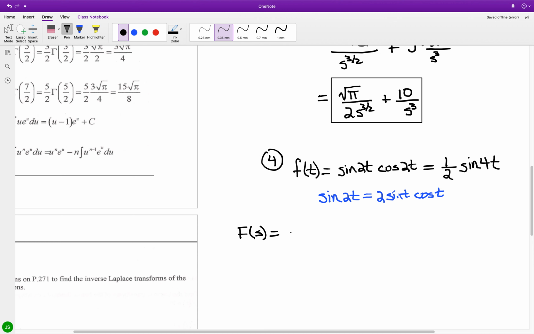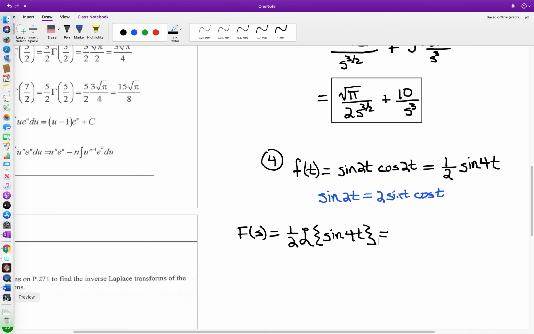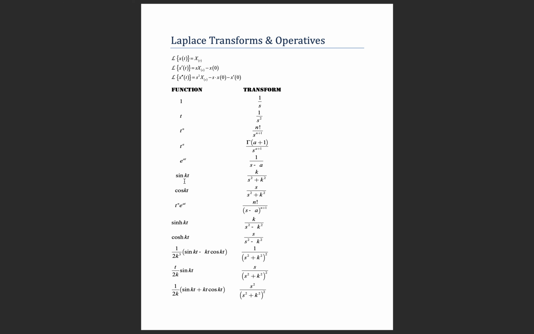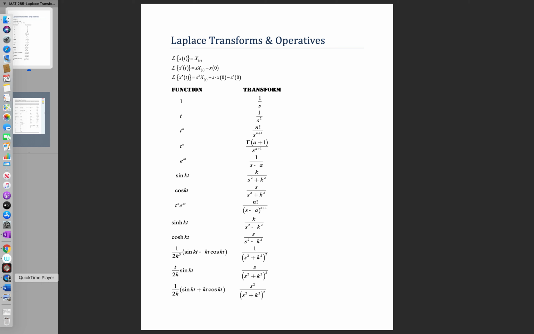So in the case of the Laplace transform, I have 1/2 of the Laplace transform of the sine of 4t. So going back to what we have in the table, with the sine of kt, we have k over s squared plus k squared, so 4 over s squared plus 4 squared.